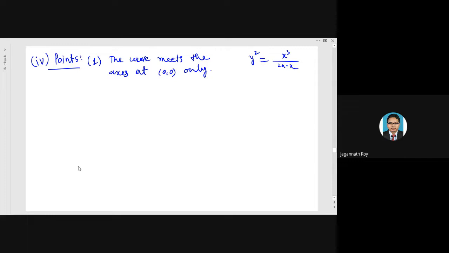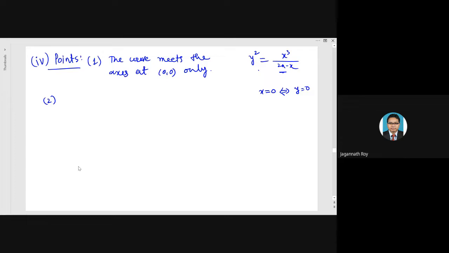Second observation, at no other point for a given particular scalar value a, only x equals 0 will imply y equals 0, and vice versa.